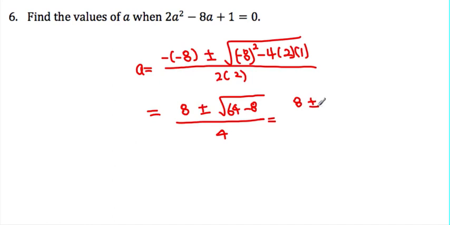8 plus or minus square root of, then this becomes 56 over 4. But what makes 56?